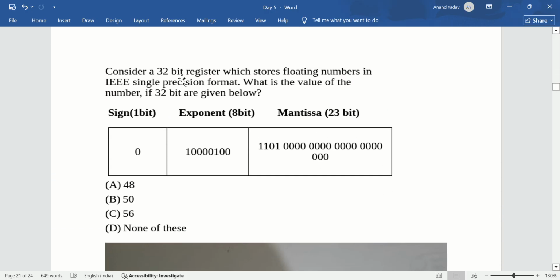Now next one is: consider a 32-bit register which stores a floating point number in single precision, with 1 sign bit, exponent bits, and mantissa bits.